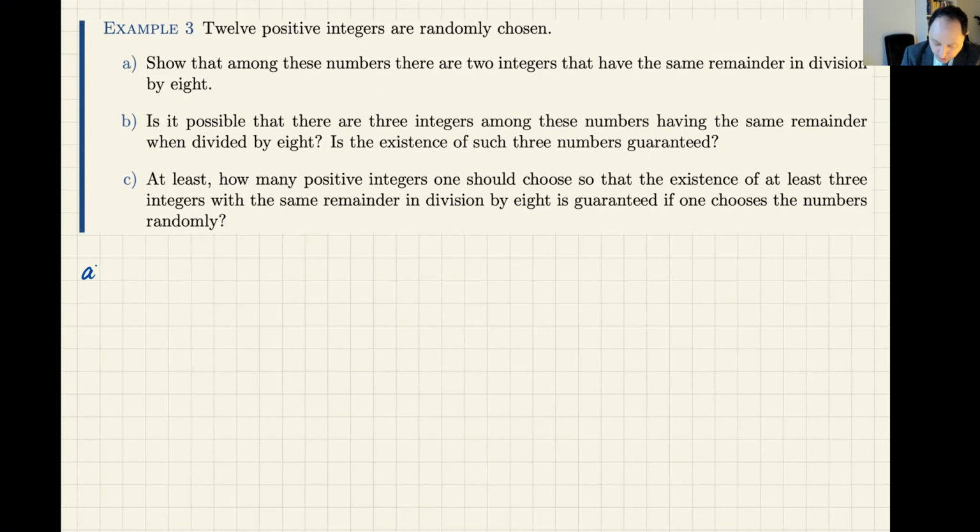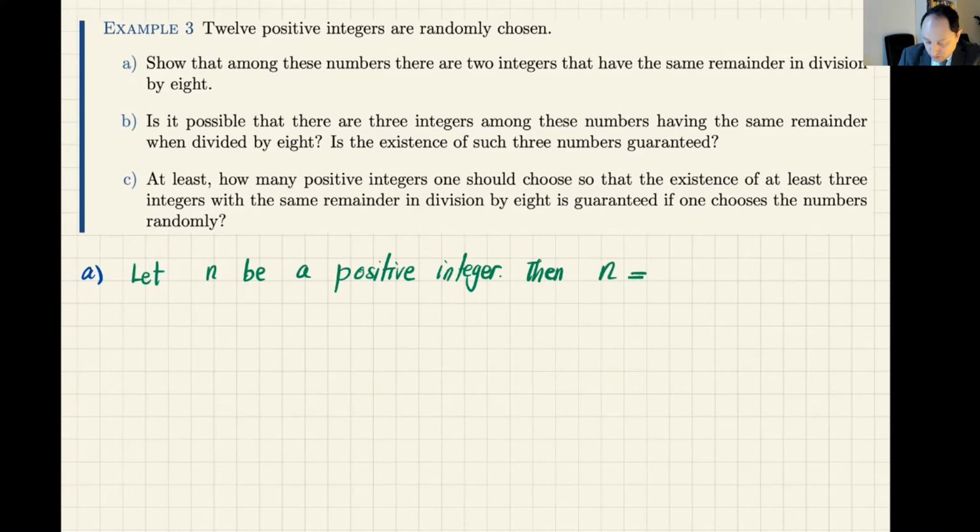So from what we learned before, in part A, we learned in number theory that if you divide a number by 8, so let n be a positive integer, then n can be written as 8 times q plus r.